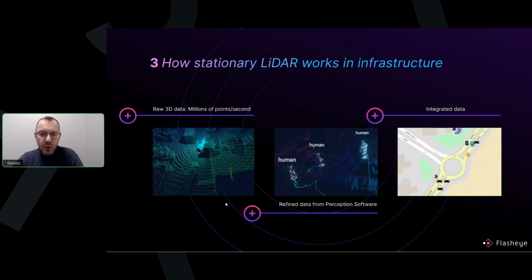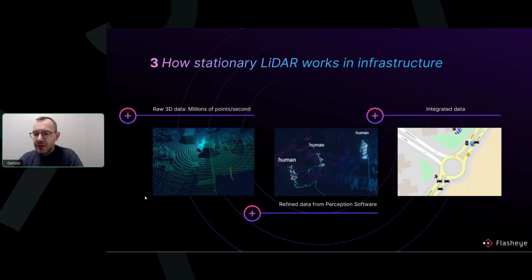And again, a little bit of how it works. This is something which I mentioned already. First, we are starting with raw data, millions of points per second. Some of the LiDARs are producing as much as 6 to 7 million points per second. And then perception software, which can handle such a big amount of data in real time, can classify objects, can measure dimensions, provide velocity, indicate entrance to a specific zone, and so on.